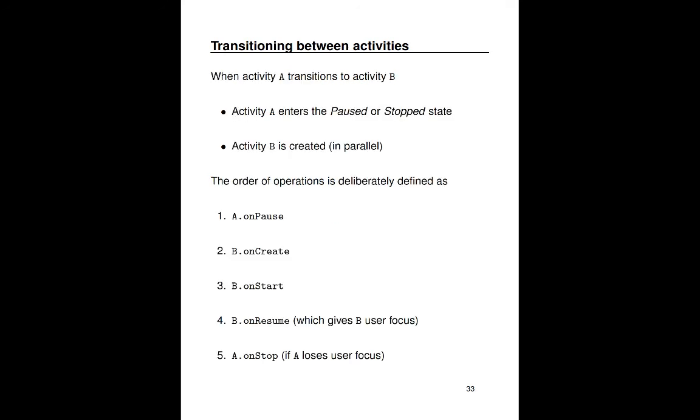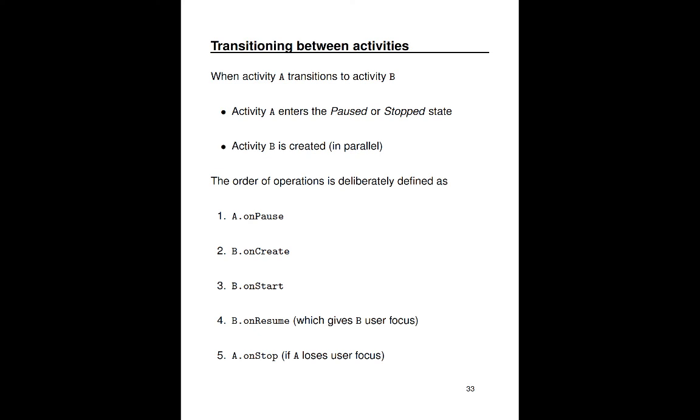In terms of state transitions, here's what happens when you have an activity A that transitions to an activity B. So activity A issues off the intent and then enters either the paused or the stopped states. It's up to the Android runtime to determine which state it goes into. In parallel, activity B is created. And then there's a very explicit and deliberate order of operations that occur between the two activities. So the onPause method of activity A is invoked.